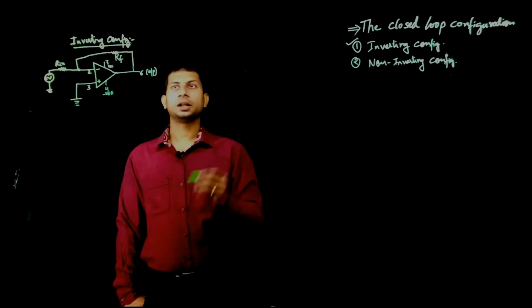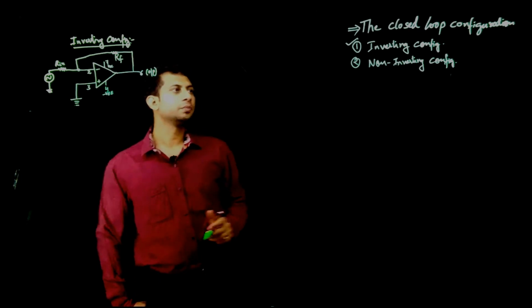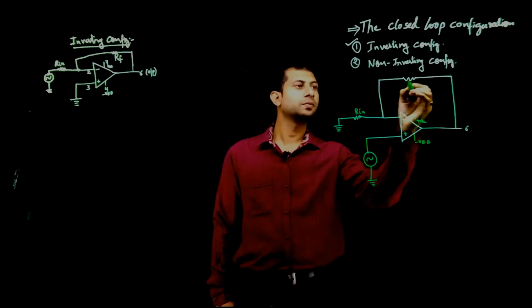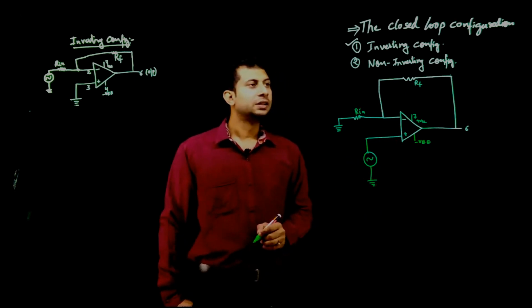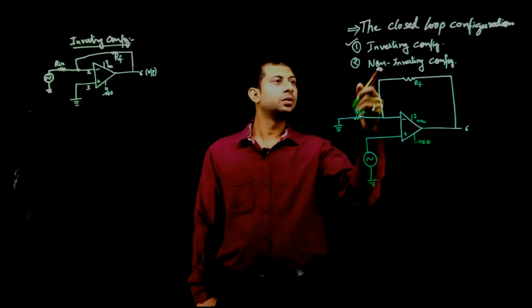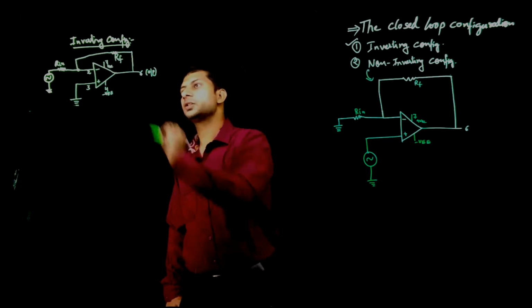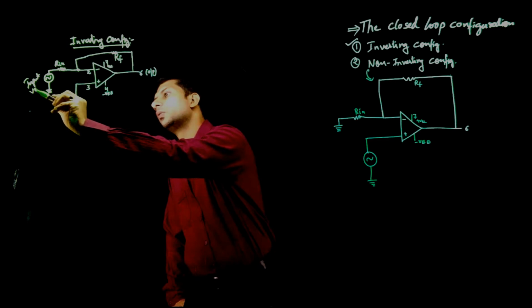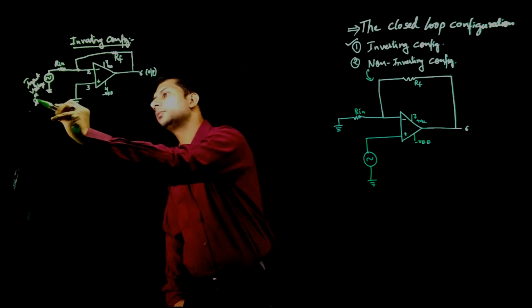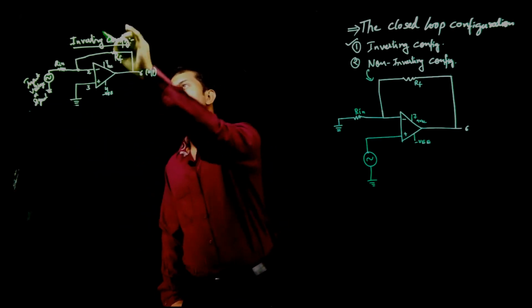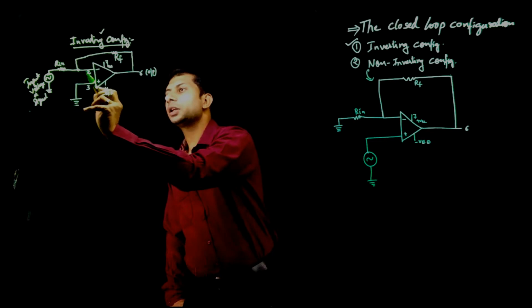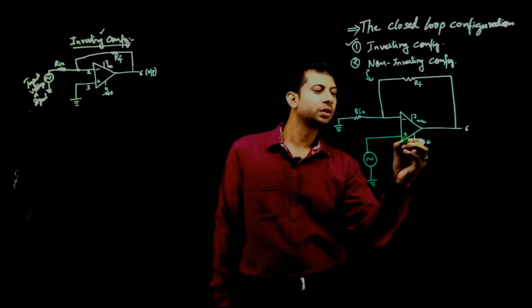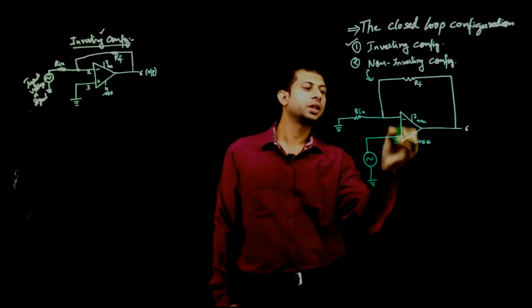And there is another configuration known as non-inverting configuration, and the diagram is like this: this is RIN, this is RF. The little difference between the non-inverting and inverting configuration is that in the case of inverting, the input voltage or signal is fed to the inverting terminal of the op-amp, and in non-inverting configuration the input signal is fed to the non-inverting terminal of the op-amp, that is pin number 3.